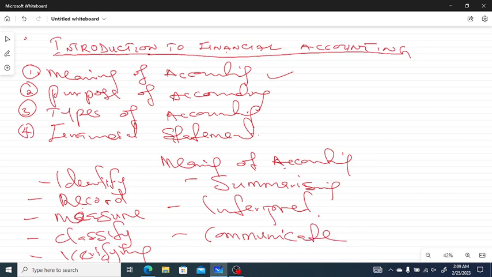After interpreting it, you have to now communicate it. What are you going to communicate? You have to communicate the whole process, the summarized transactions, to the users of that information. And this is what will now help them to make their decision concerning that business.